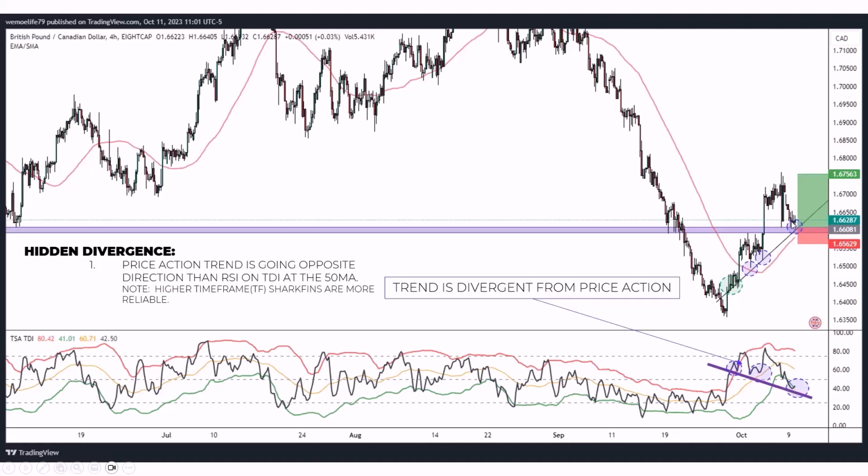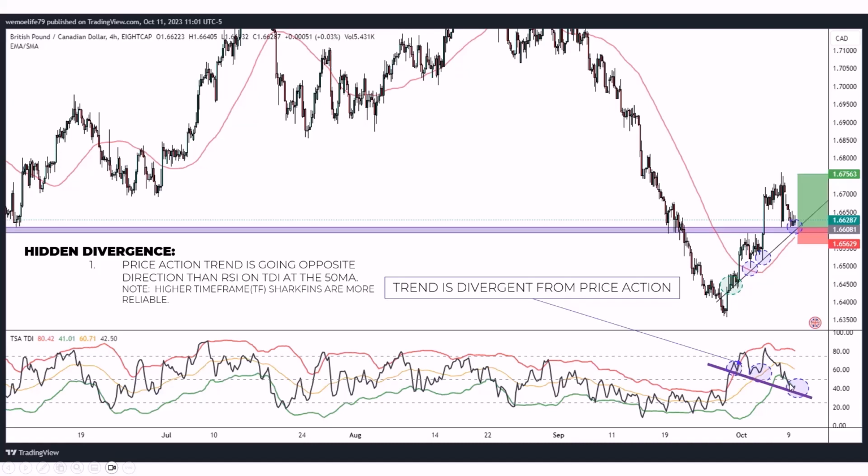The last time on price action that it touched the trend line was here and here. These are the last two times that it touched the trend line. However, when you look at the TDI, those two times are right here and right here. And even right here, this area right here is right here.